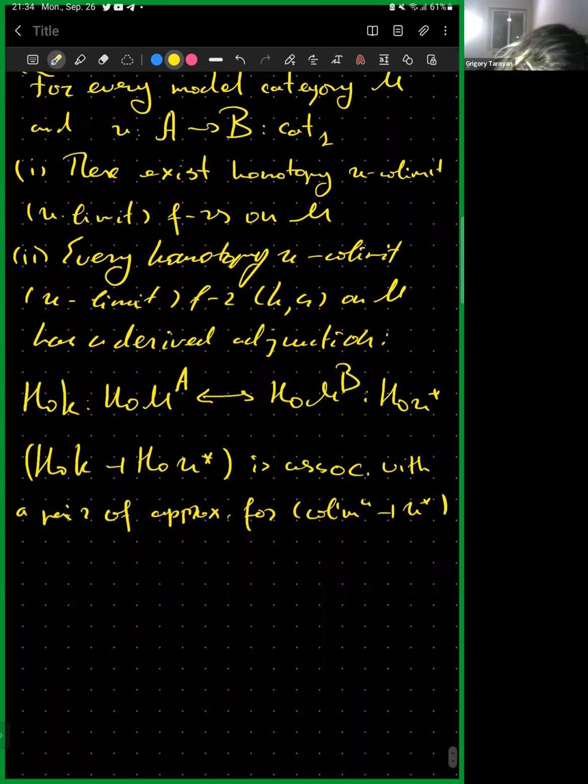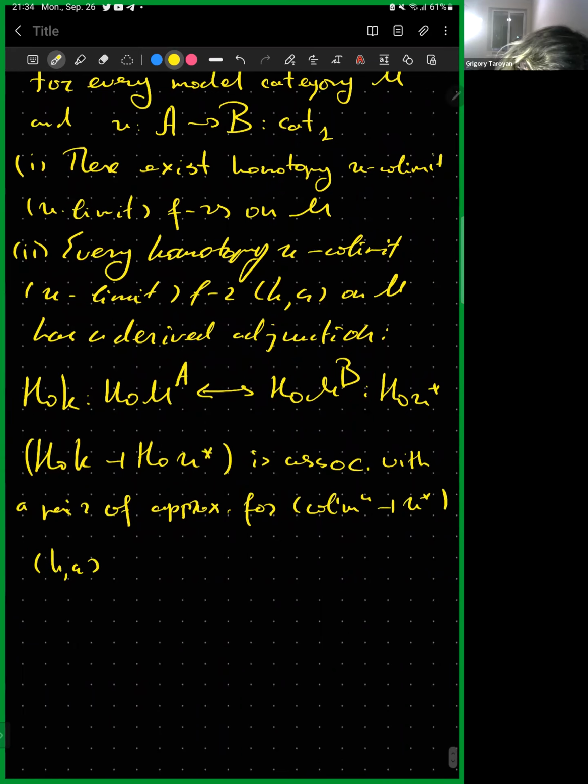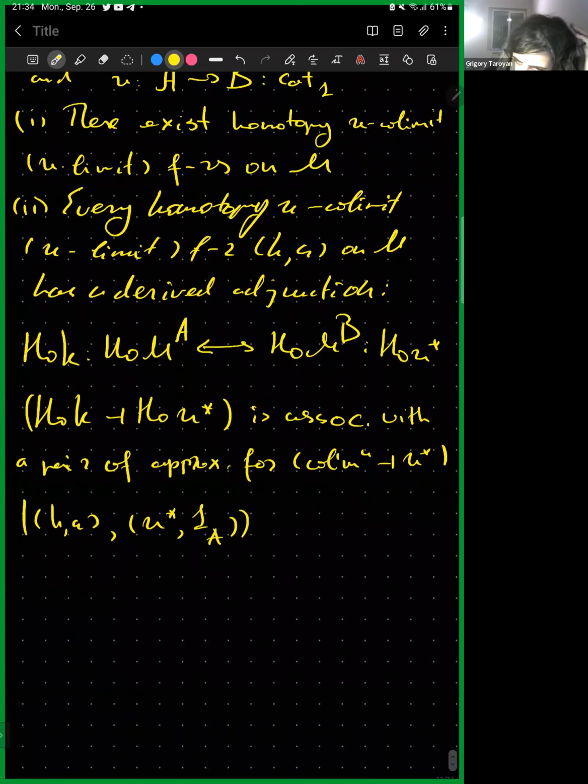So this pair of approximations is just this homotopical U colimit itself and the functor of induced diagram with an identity natural transformation.